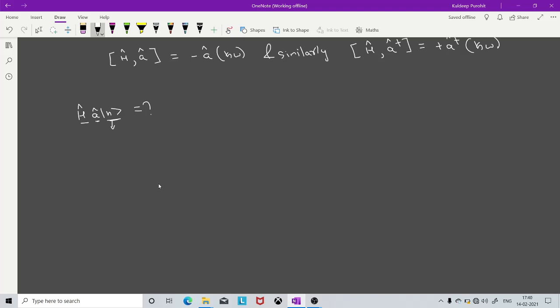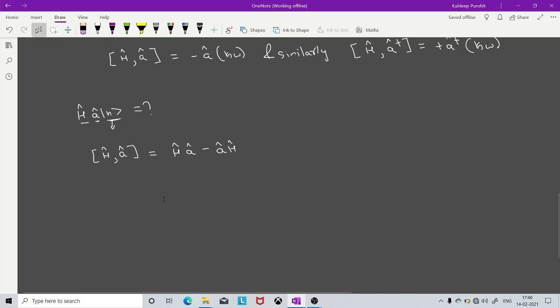So what we will do is, we know that if I take the commutator h comma a, then the value of this quantity will be h into a minus a into h.